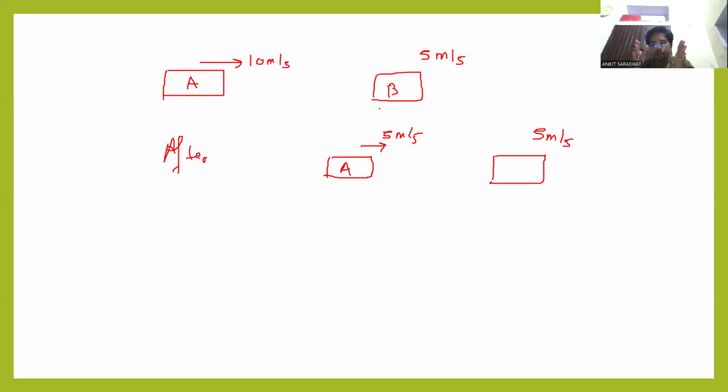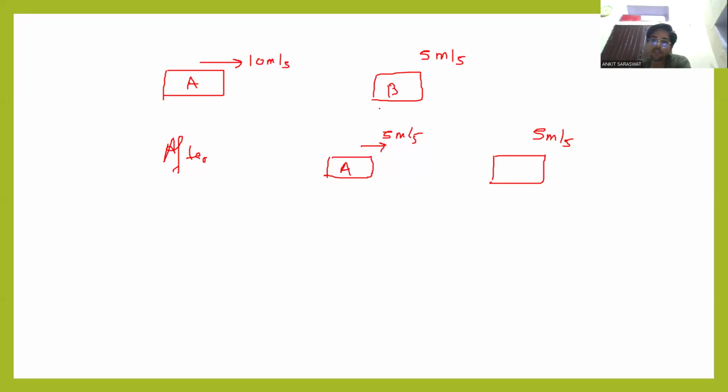applying the brake. Because of this brake, this car's velocity will decrease, and finally he should apply the brake in such a way that there should be a common velocity. They should move with a common velocity. Then only there is no collision.